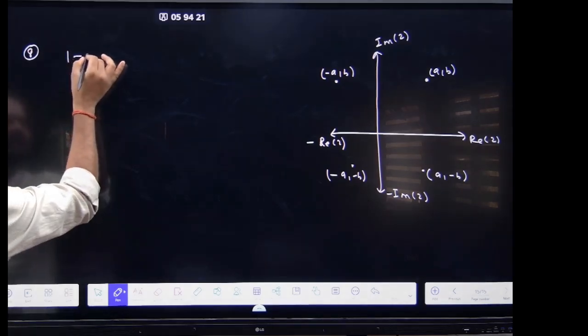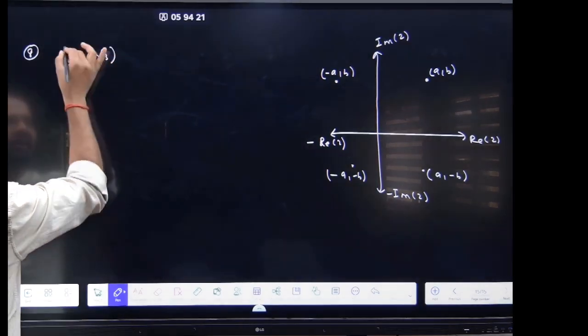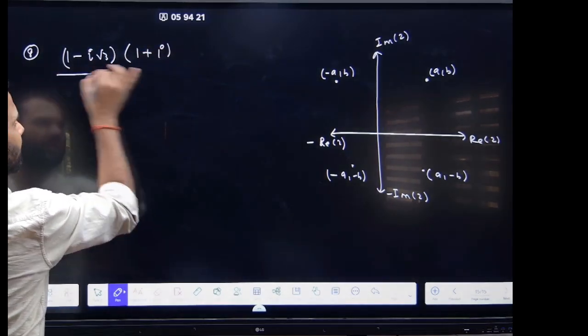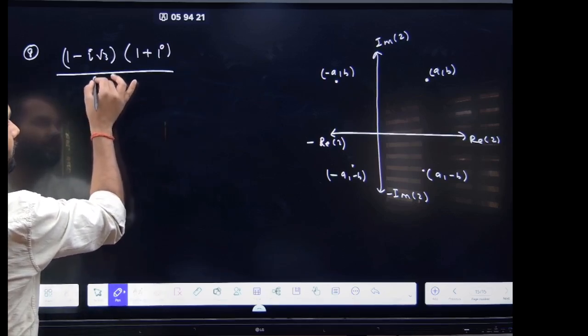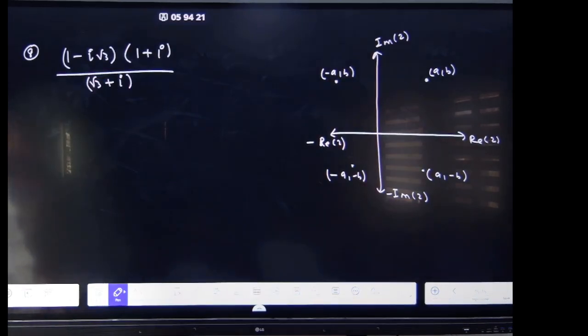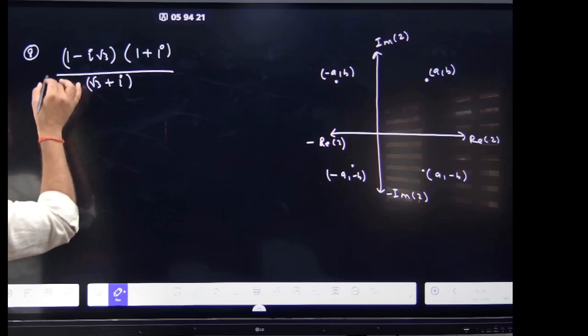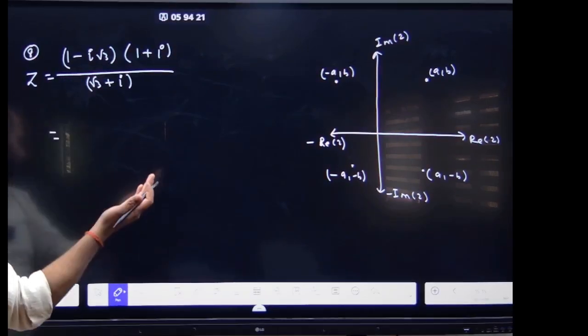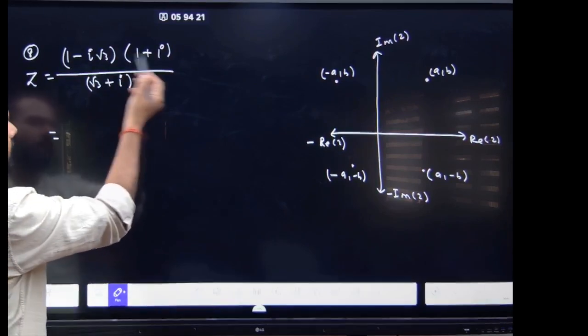1 minus i root 3 into 1 plus i divided by root 3 plus i. Correct? Yes or no? So first what I will be doing, I will try to convert into one complex number, where I can write separately imaginary part and real part. So first you tell me to multiply these two.